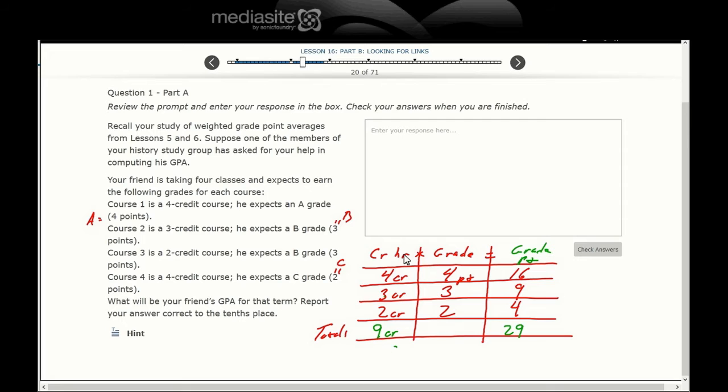Now if I take my grade points over total credit, I am missing a class. Aha. I am missing this 4-credit course that I got a C in.